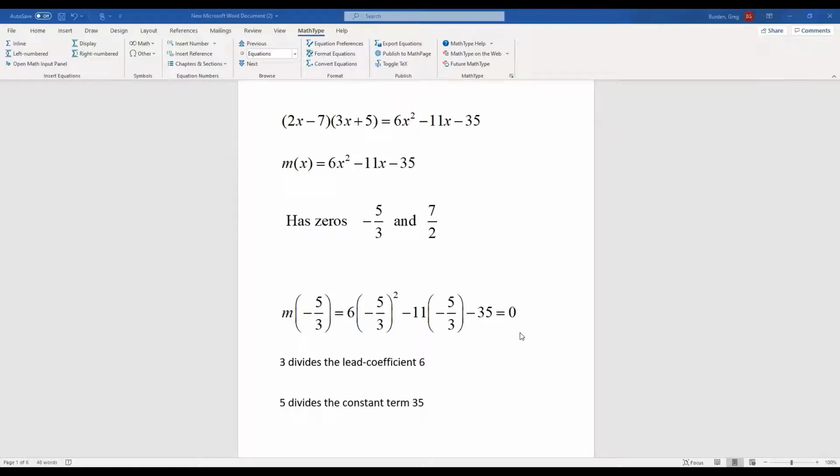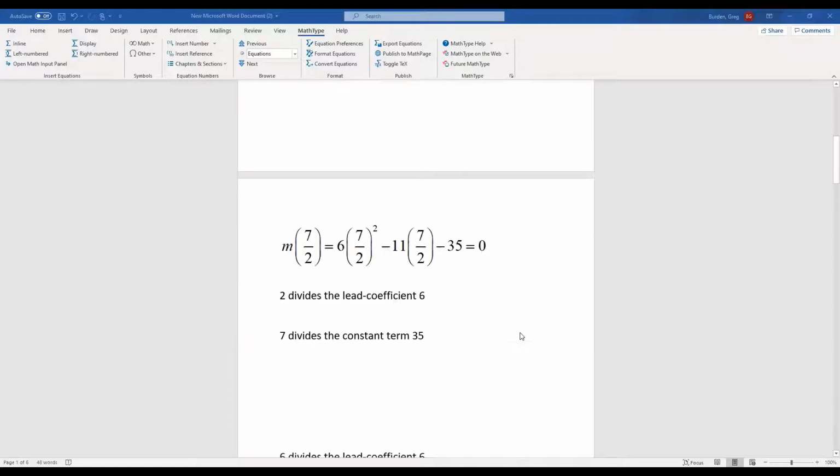In a similar way, for the other zero, 7/2, the denominator divides the lead coefficient of 6, and the numerator divides the constant term of 35.